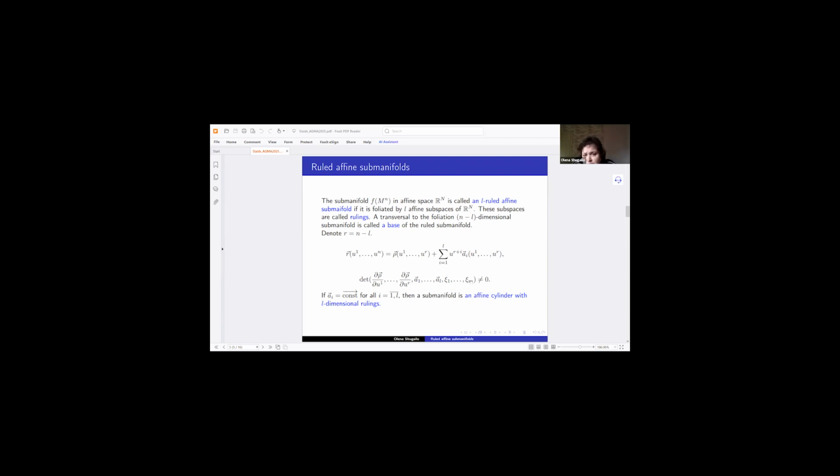And we have such a regularity condition. If all the directions A_i are constant vectors, then such a submanifold is an affine cylinder with L-dimensional rulings. The simple case, when the base of such a submanifold is a curve, was defined earlier.